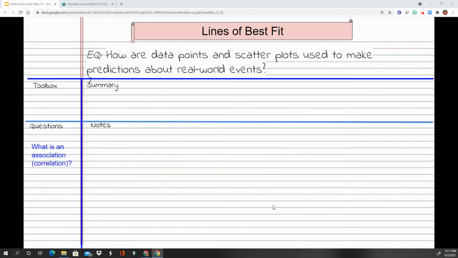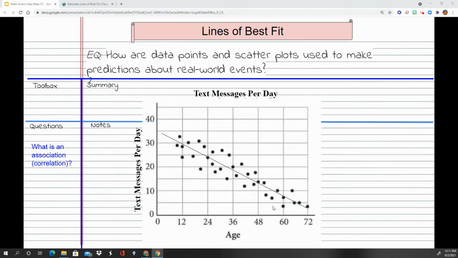So what is an association or correlation? Let's look at this data here. The number of text messages per day, and if you look down here at the bottom along the x-axis, you'll see it shows age, and then it shows text messages per day. I want you to pause right here and notice some things about it.